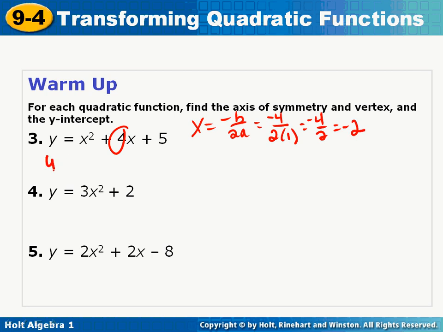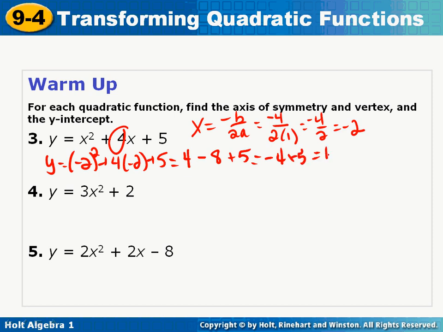Then I have to take that negative 2 and plug it in. And I get 4 minus 8 plus 5, which is negative 4 plus 5, which is 1. So my axis of symmetry is x equals negative 2.